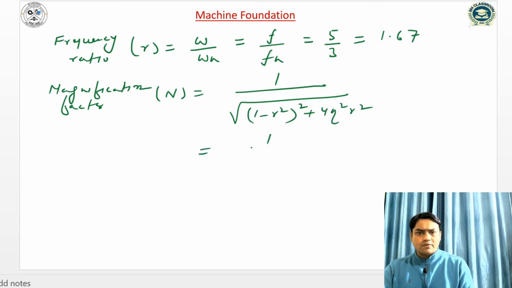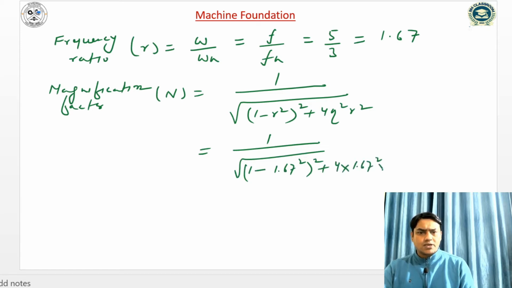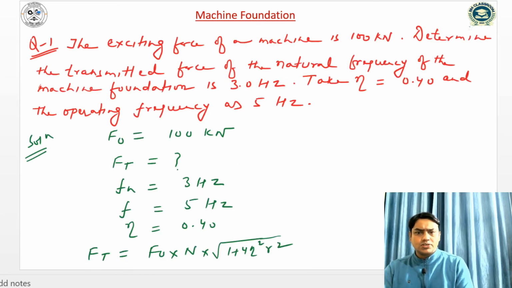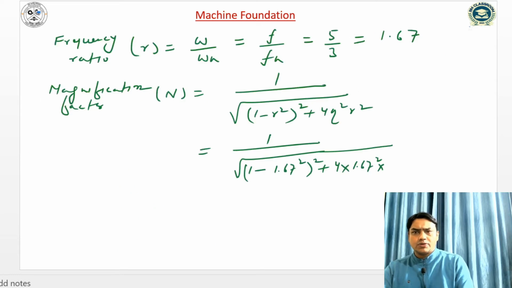So it will be 1 by square root of (1 minus 1.67 square) whole square plus 4 into 1.67 whole square into the damping ratio, 0.4, whole square.